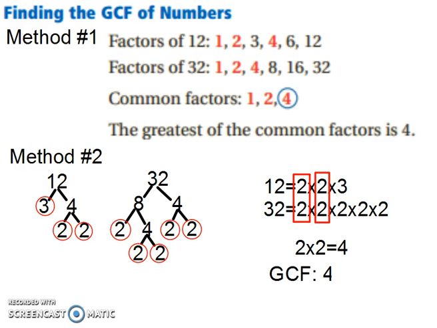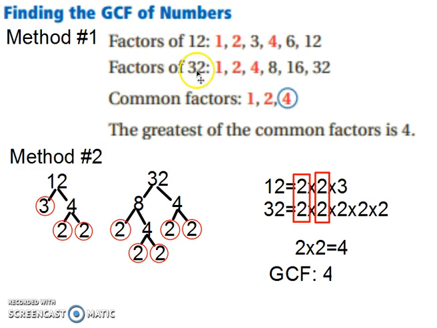So now let's move to finding the greatest common factor of numbers. There are two different methods that you can use. Method 1. We can look at the factors of 12 and the factors of 32. The factors of 12 would be 1 and 12, 2 and 6, 3 and 4.